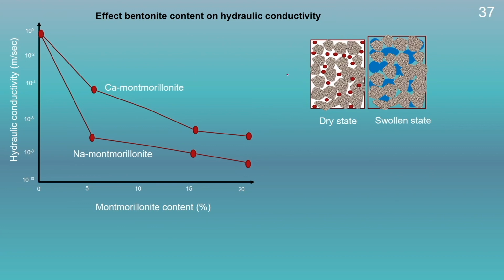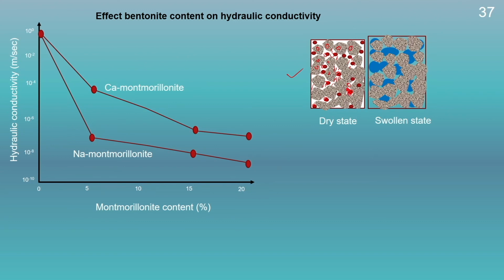Here we can see in the dry state, these are the solid non-expansive soil, say for example sand grains, and these are the expansive soil particles. This is in the dry state. So, there will be a large amount of macropores or interaggregate pores. As we allow this montmorillonite or expansive soil to absorb moisture, its volume will start to increase.